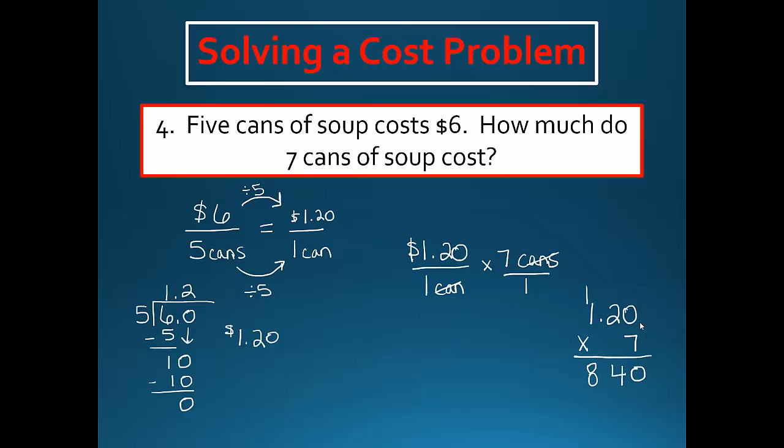Our decimal is 2 places over, so we'll go over 1, 2. So we get that 7 cans cost $8.40. Notice that we multiply the bottom, we have 1 times 1, so if we divide by 1, we're still going to get $8.40.